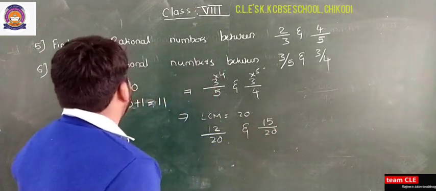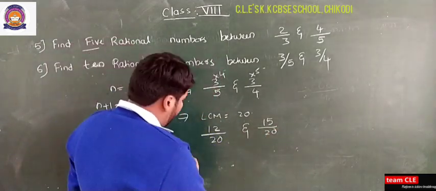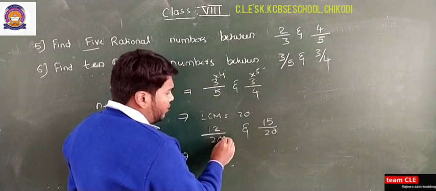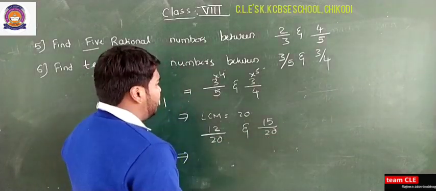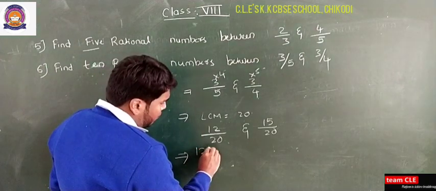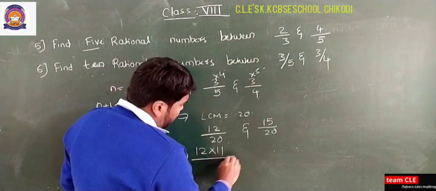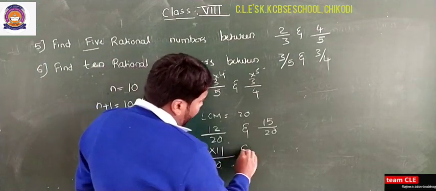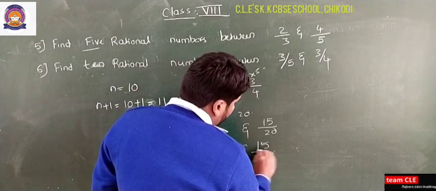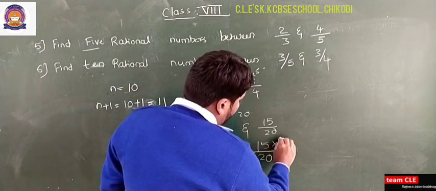So I need 10 rational numbers between 3 by 5 and 3 by 4. So multiply both the numerator and denominator by 11. That is 12 into 11 divided by 20 into 11, and 15 into 11 divided by 20 into 11.